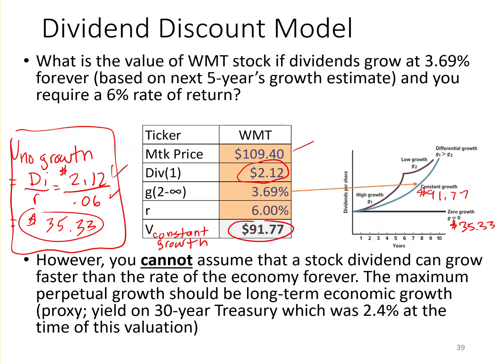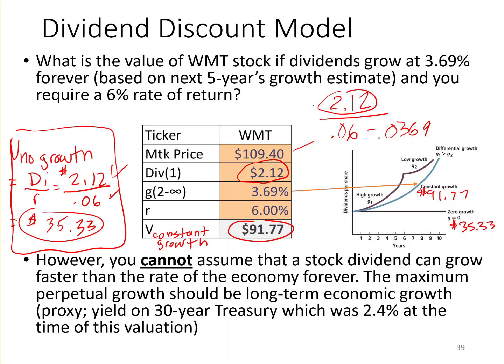But then what if we use the 3.69% from the Wall Street analysts' next 5 years estimate? Well, in that case, we can take the $2.12 that was just paid, or about to be paid, and divide it by 0.06 minus 0.0369. This is the assumption that next period's dividend will be $2.12.